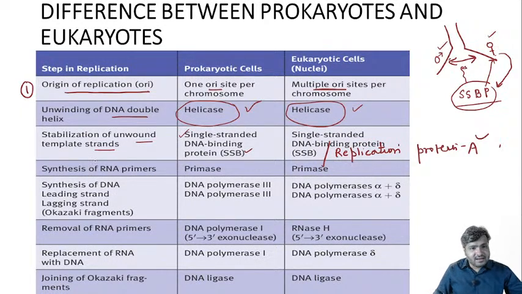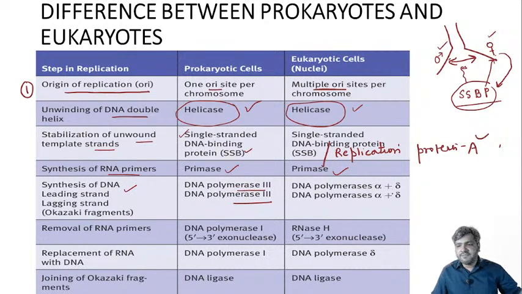Apart from this, remember the synthesis of the RNA primer is the primase activity. The synthesis of the DNA, you already know, is by DNA polymerase 3, and over there also we have the alpha plus delta part. The alpha plus delta part, majority it is the primers which are synthesized. You can just mention it over here. DNA polymerase alpha is basically the synthesis of the RNA primer.